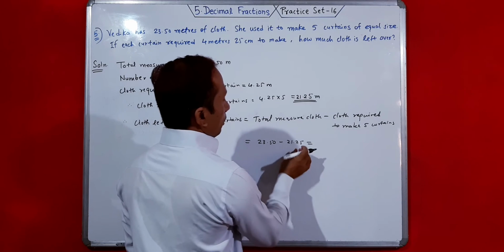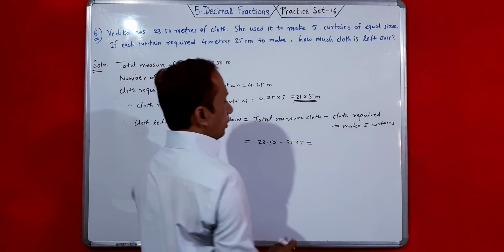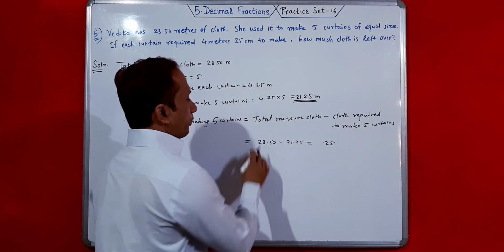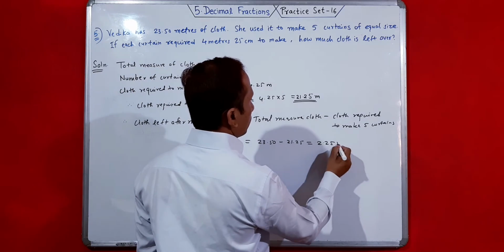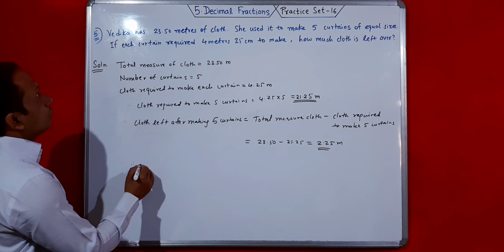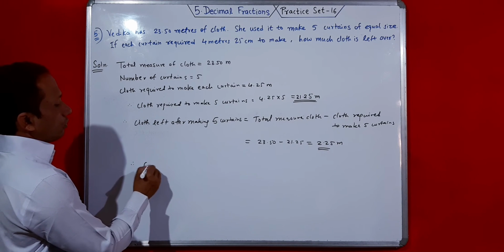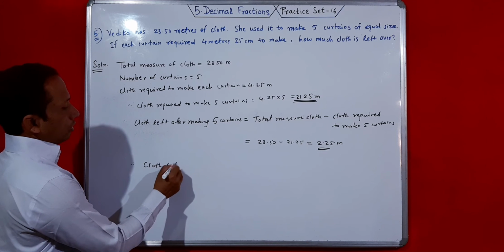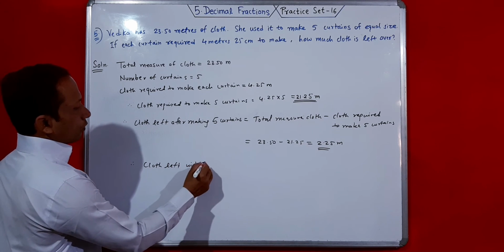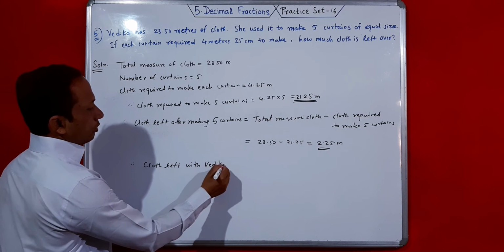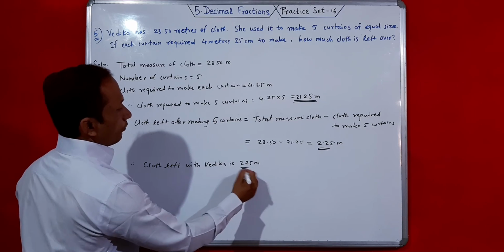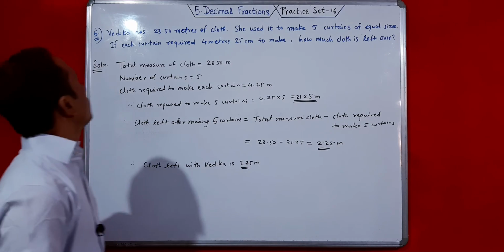If you subtract 25 from this, you will get 25 only. The point is as it is, 23 minus 21 is 2. So this much cloth is left with Vedika. So the cloth left with Vedika is 2.25 meters. So this is your solution to question number 5.